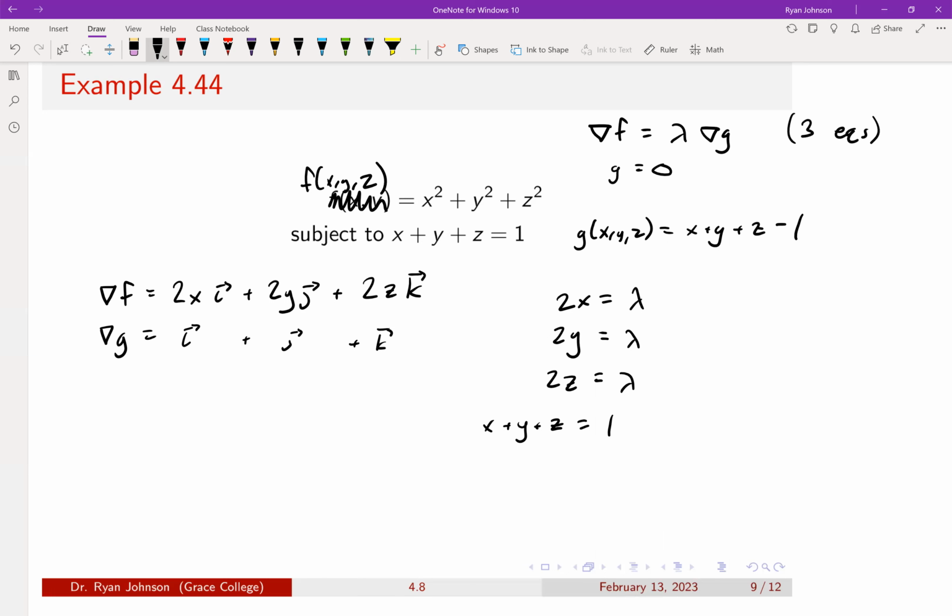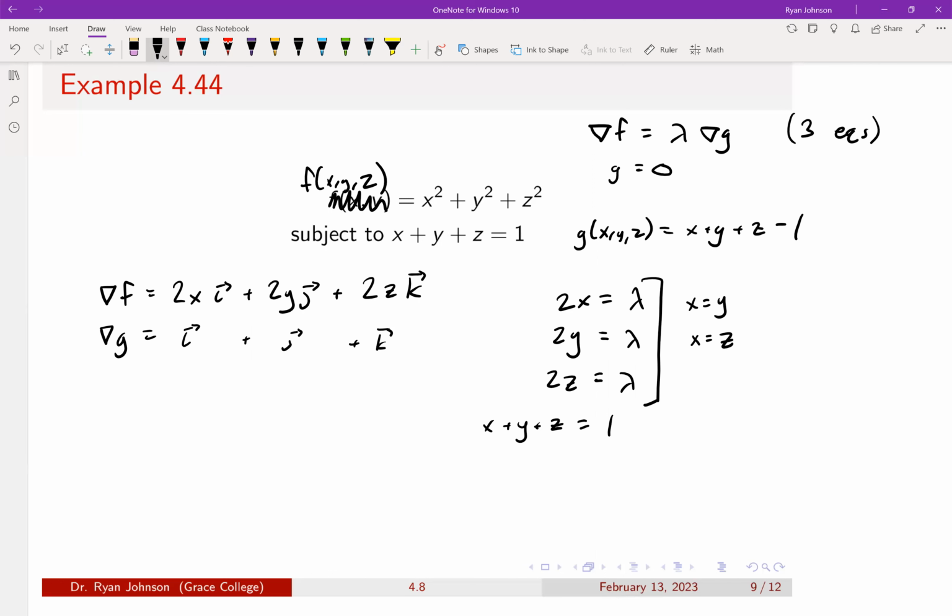Well, 2x equals 2y and 2y equals 2z and 2z equals 2x. So these tell me that x equals y and y equals z. Or I could even say that x equals z as well.